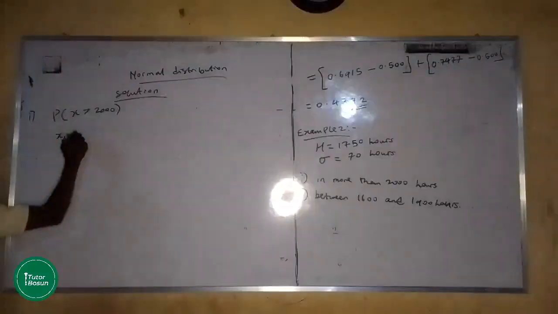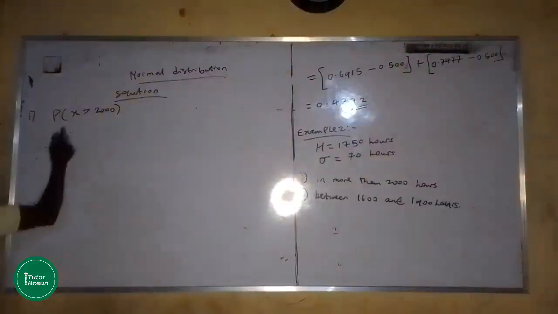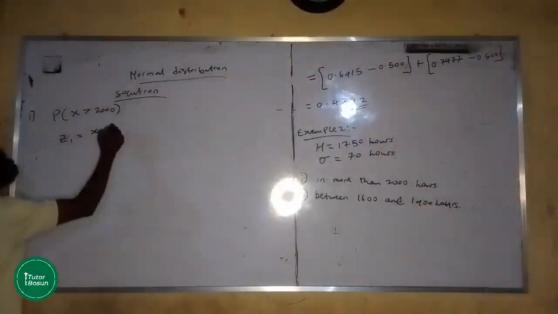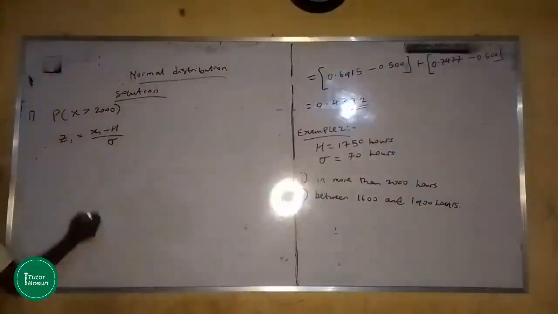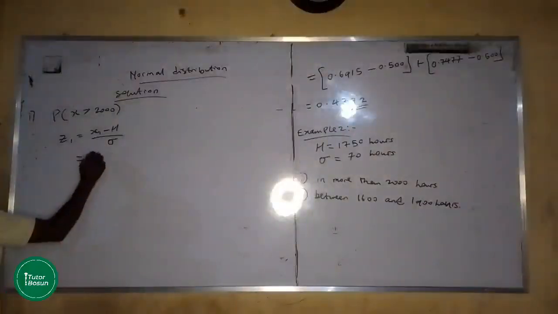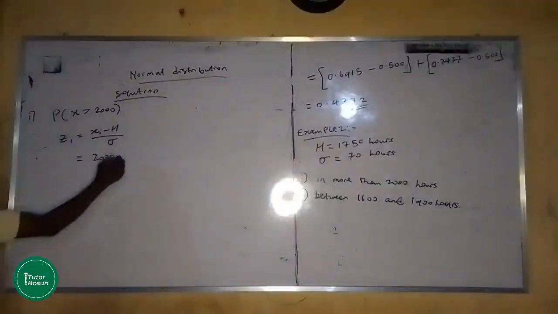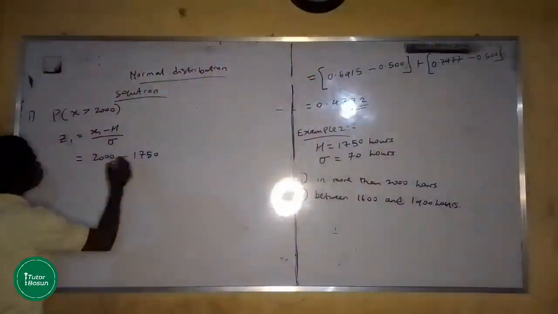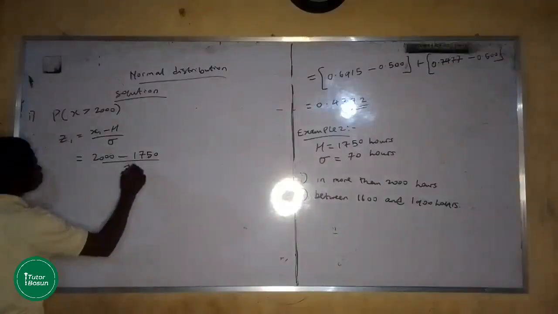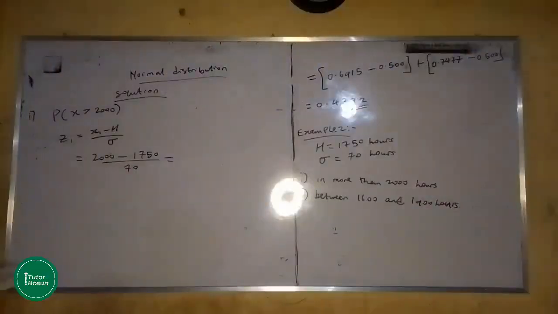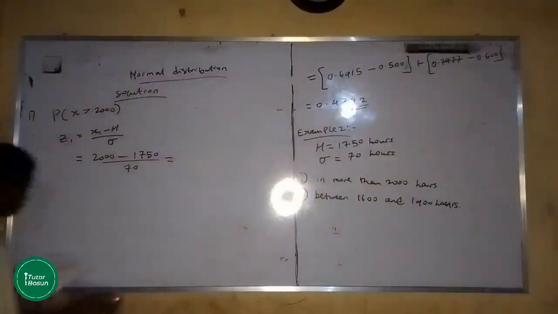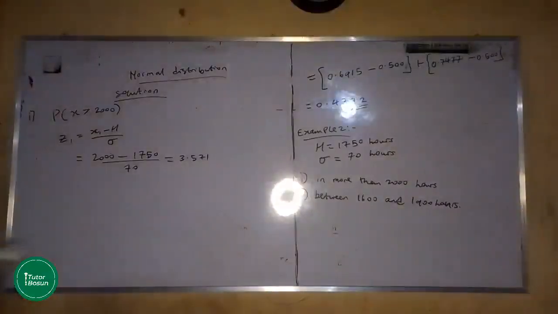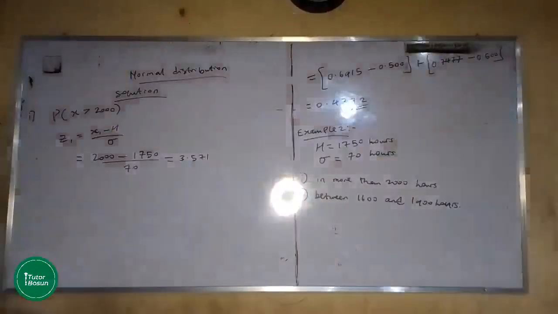So we have z1 equals x1 minus mu over sigma. Here x1 is 2000 minus our mu, 1750, over 70. And if you do that very well, you should be having 3.571. So that's our z1.